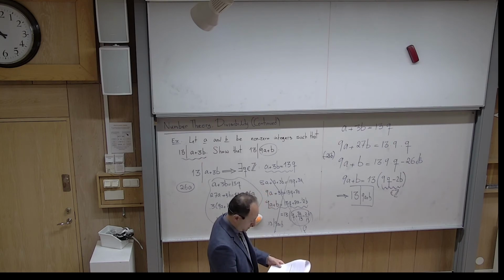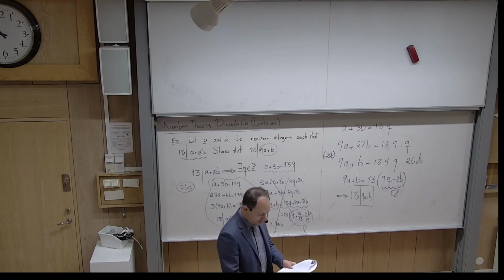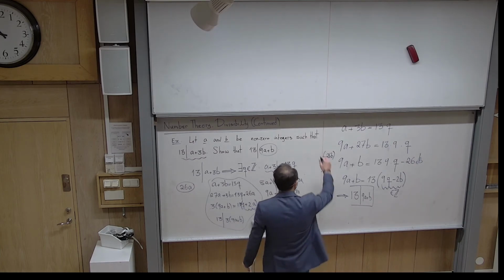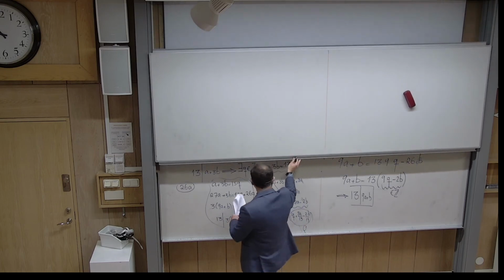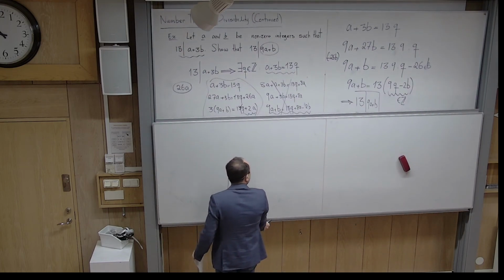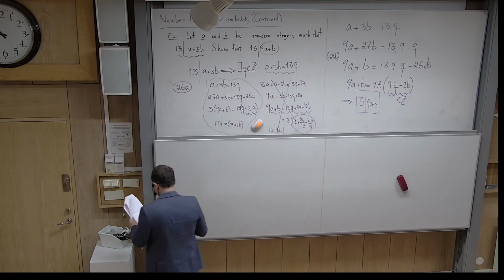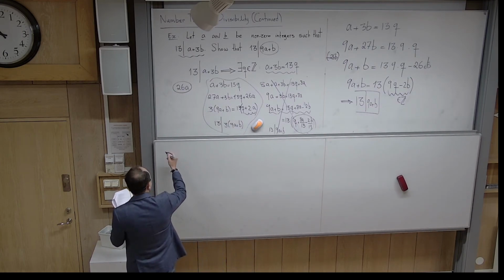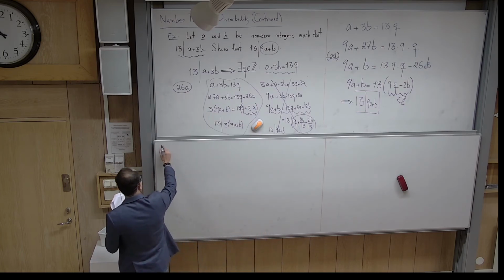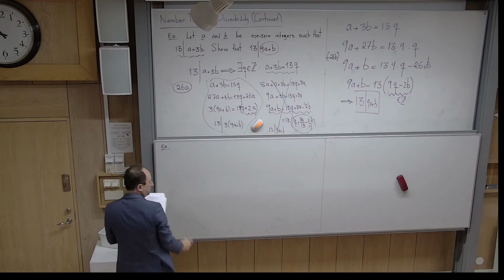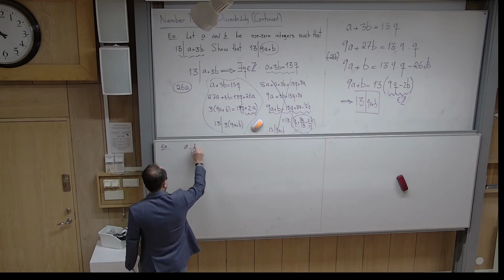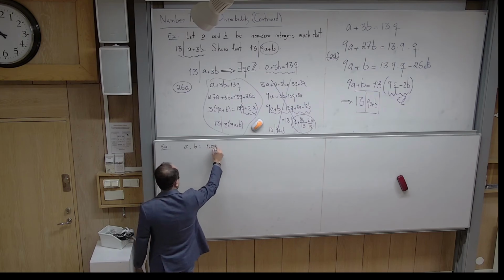Okay, but this is not the end of the story, because maybe you know everything, but still you cannot solve the problem. Let me just give you another example, and then I want to wait so that you can come up with the answer. Very similar to this. So again, let me make it simple to write. Example. a and b, non-zero integers.